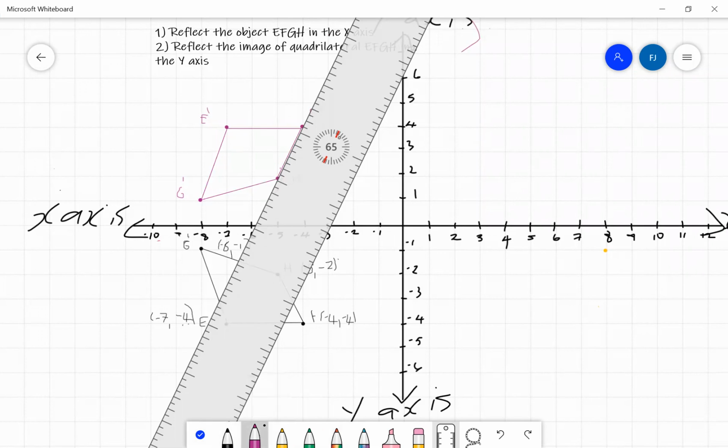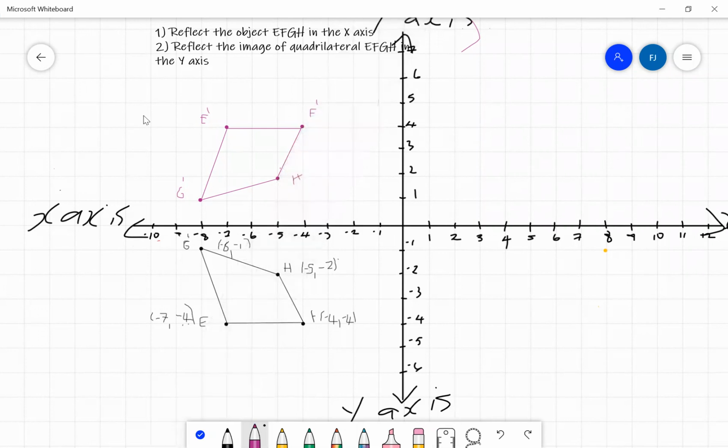Now we will go ahead and record the coordinates of each point of the image.